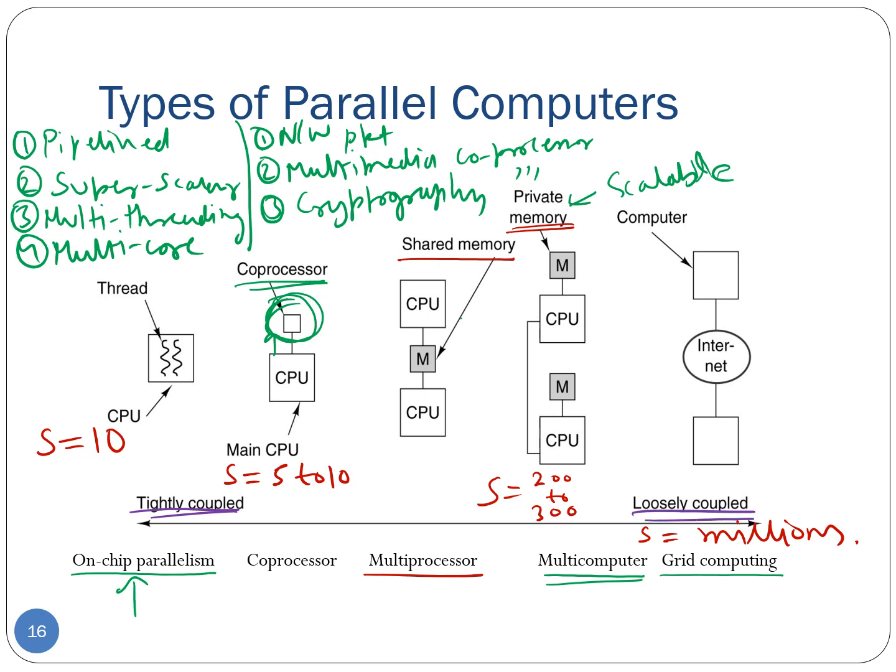In this diagram over here, if you move from left to right, these computation elements, these processors, the CPUs, become more and more loosely coupled. If you move right to left, then these processors become more and more tightly coupled.